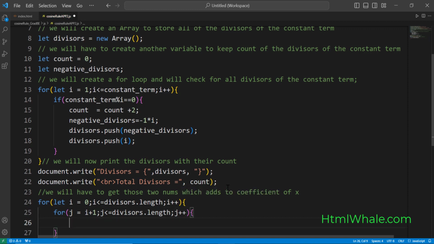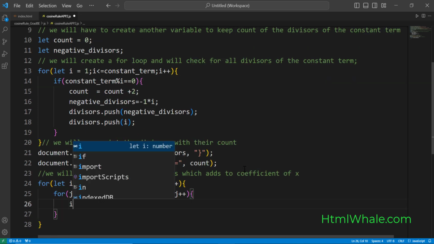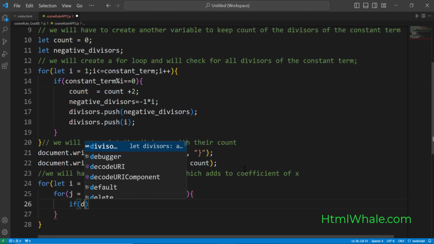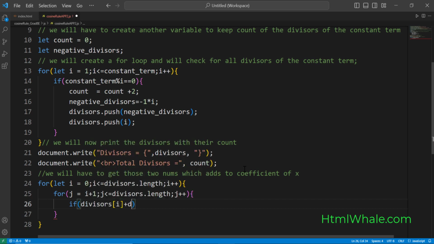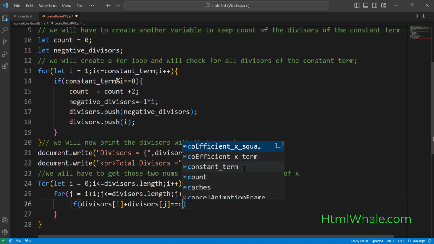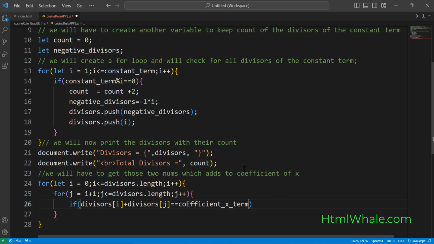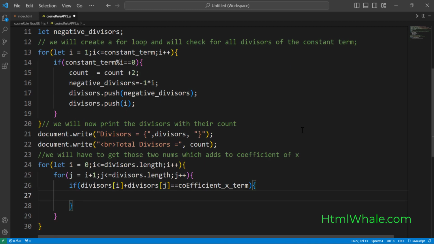Okay, so now we are to perform the check. So if the divisor of i added up with the divisor of j is equal to the coefficient of x, then what do we do? We have to push them into a number.